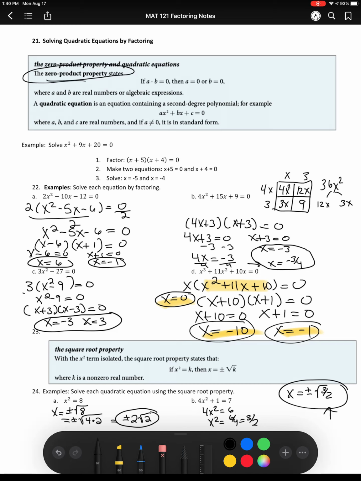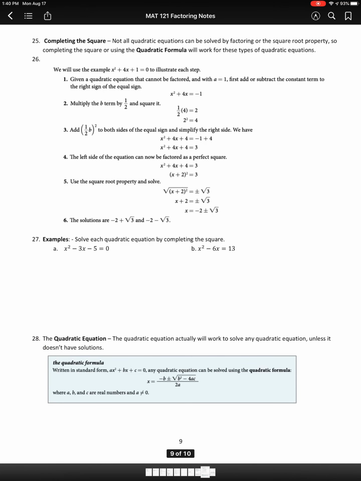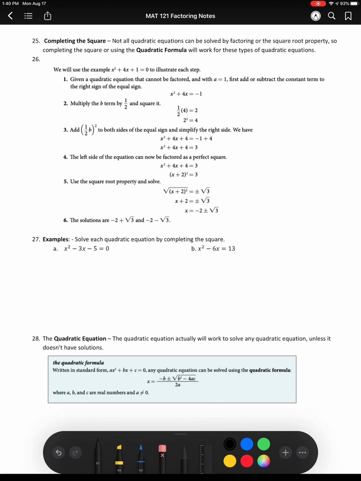Not all of these will work out to be nice, neat, whole numbers. In fact, when you can't factor them, you have to either use completing the square, or you can use the square root property. Some of them would be easier.